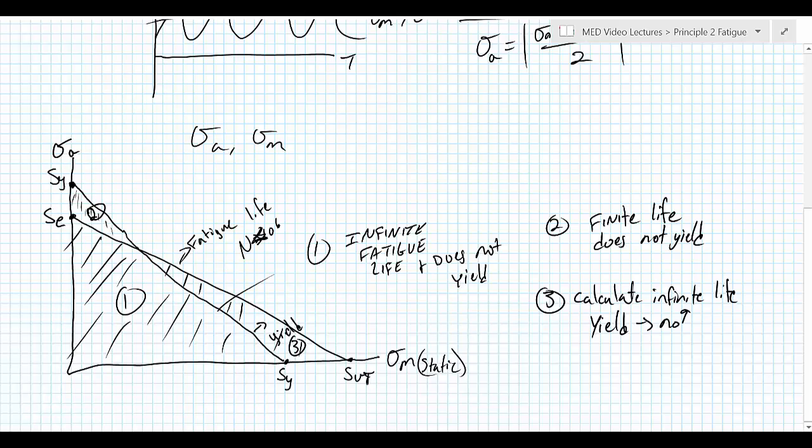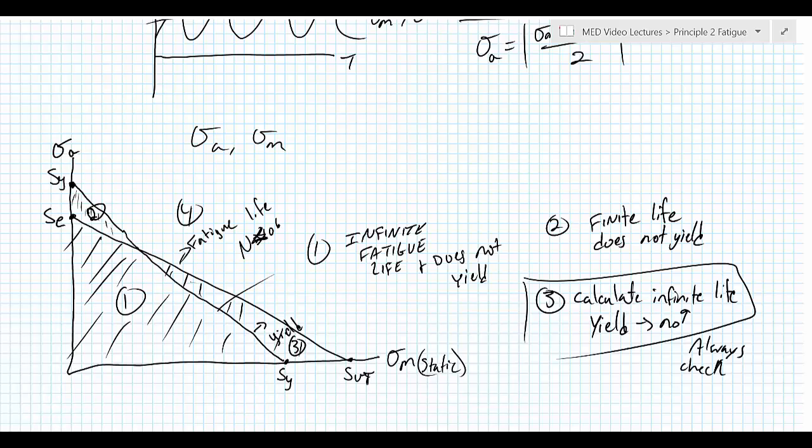If we are in section number 3, this is why we always check for yielding, because the way our equations are set up, it won't tell you that you're actually in section 3 and you'll yield before you get to that infinite fatigue life. All right, and then for section 4, it will break. It will yield and it will not last an infinite number of cycles. So 3 is also not a region that we want to be in.